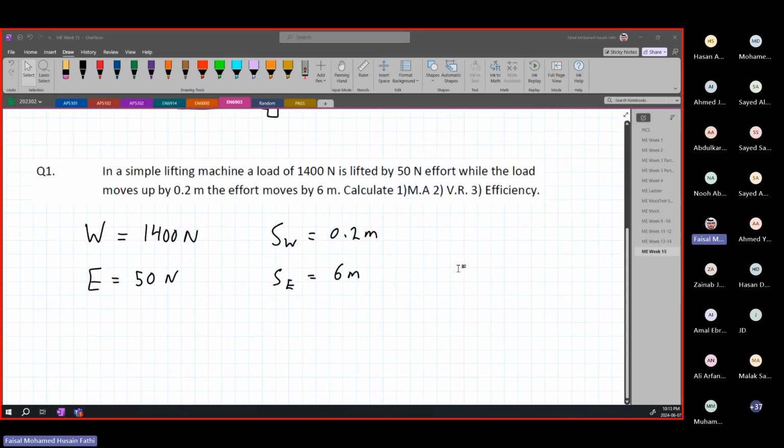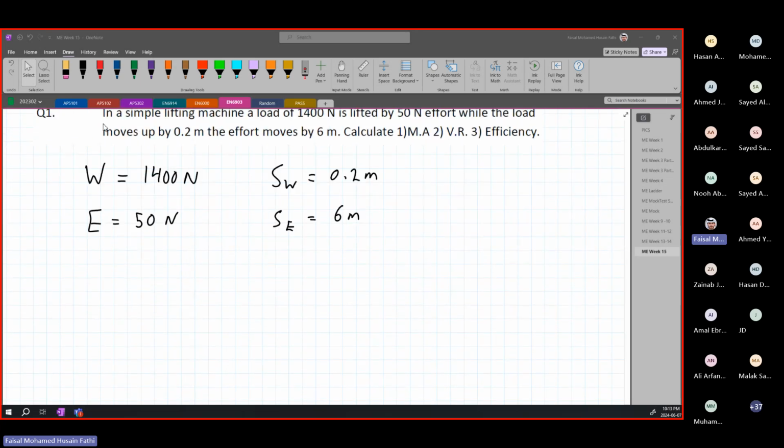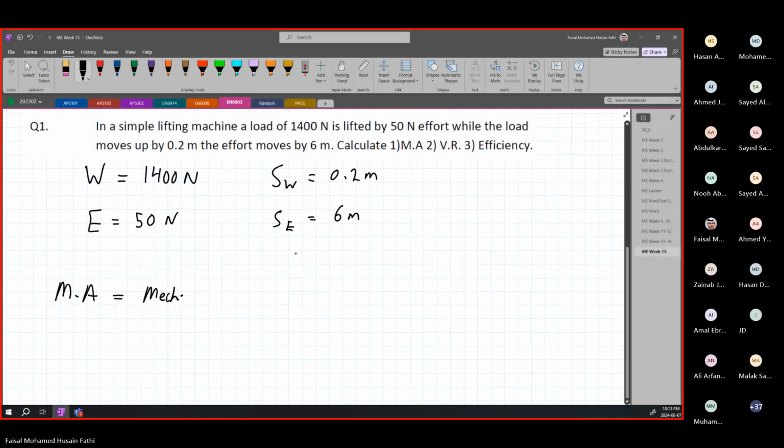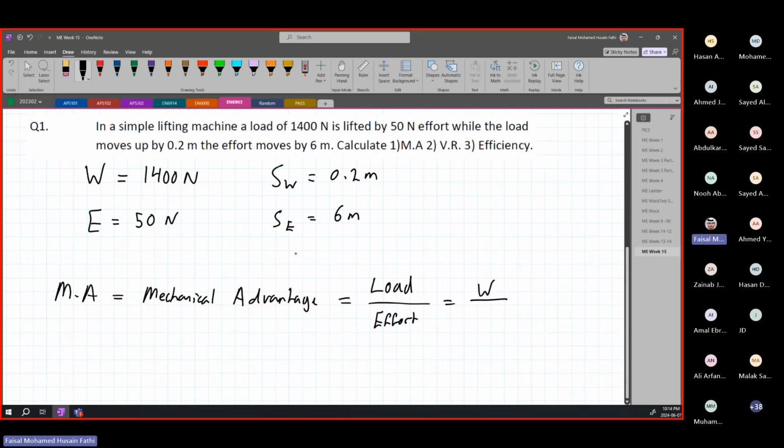So the first thing they want us to calculate is MA. What do they mean by MA? So MA simply means mechanical advantage. And the calculation of mechanical advantage is going to be equal to the ratio of the load over our effort, meaning W over E. That's it.